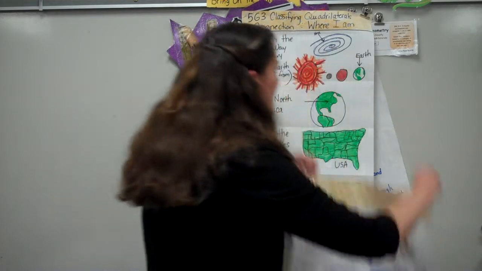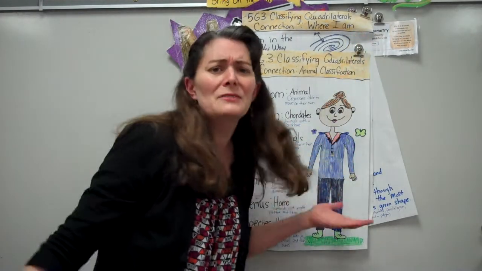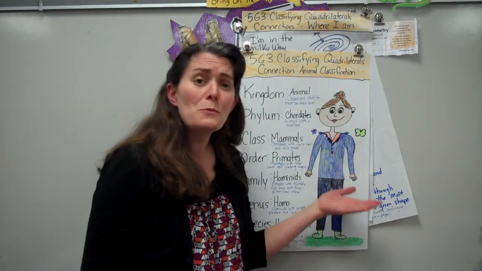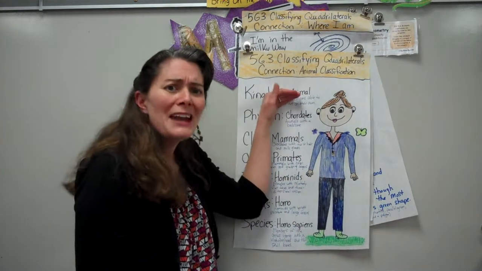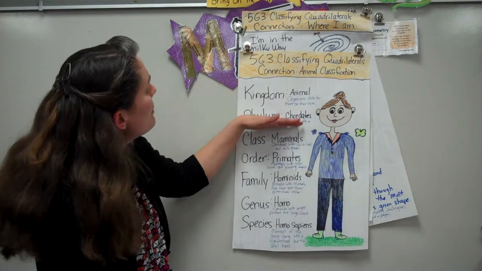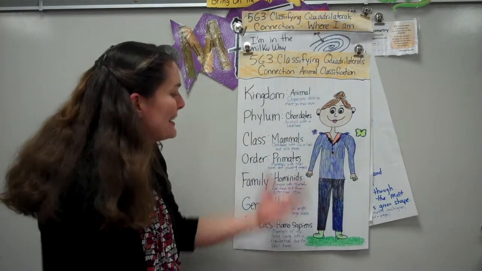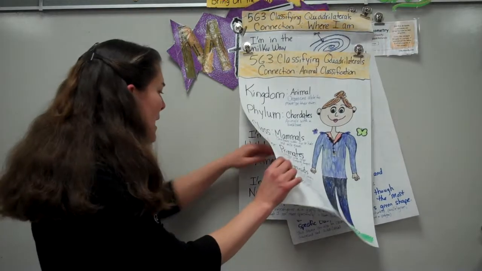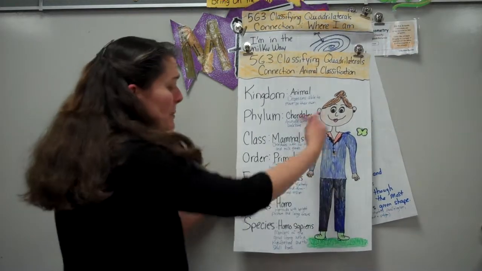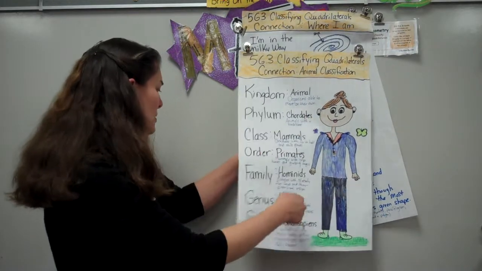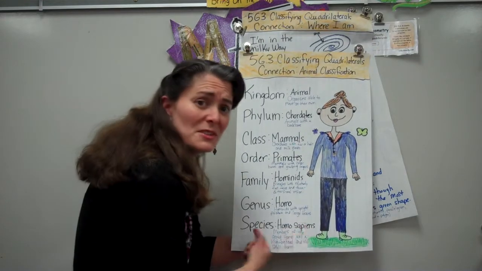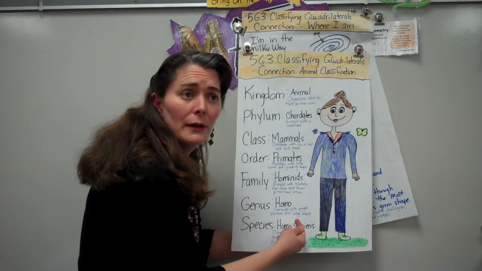I also gave you another example in there with animal classifications. If you were to classify a human being, you start with the broadest category, kingdom, and then break it up into the phylum, class, order, family, genus, species. And again, each one of those previous subcategories also applies to this very, very specific category.